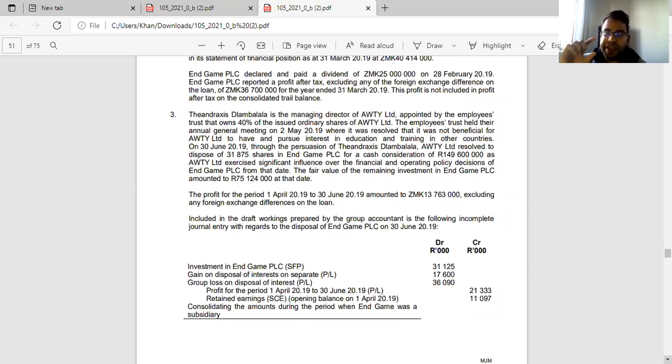Now, the OCI, like I said, can either be presented net of tax or gross of tax. It will be gross of tax if you see a separate line item under other comprehensive income called income tax. It is represented net of tax if you don't see a separate line called income tax. Net of tax means you will see revaluation, and the revaluation is already net of tax.